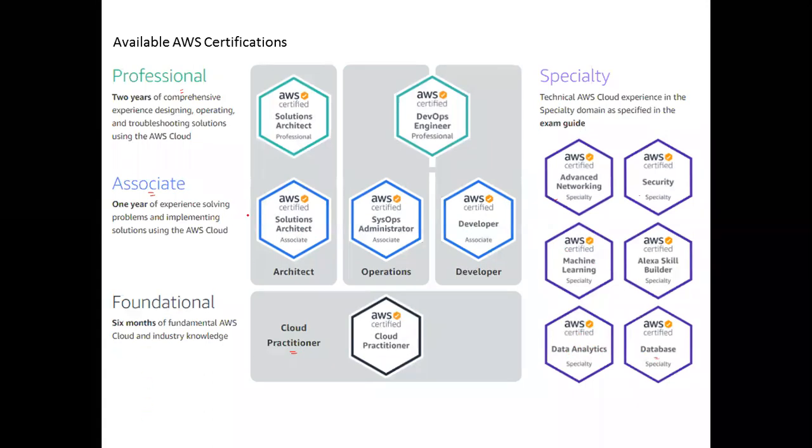So this is basically our course, and in this course I will be covering both. If you complete this, you can attempt this certification as well as this. At the end of the training, I will provide you the resources for preparation of the certifications.